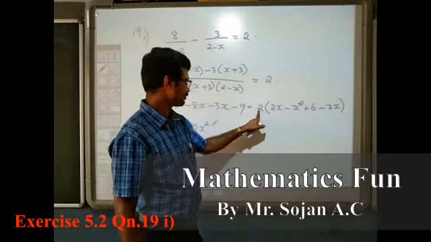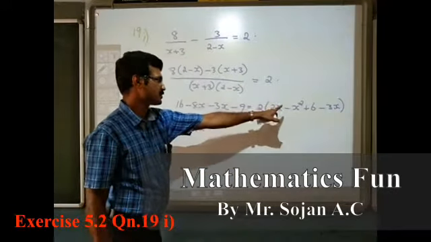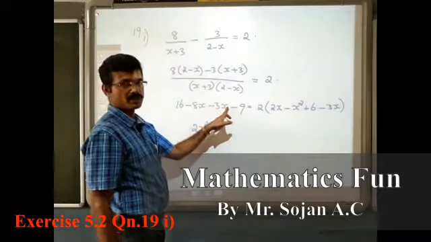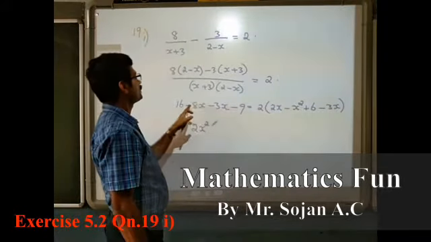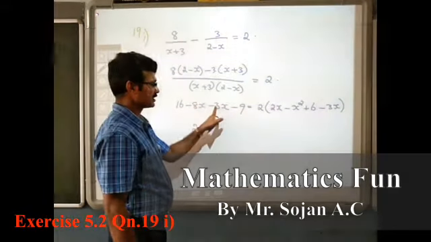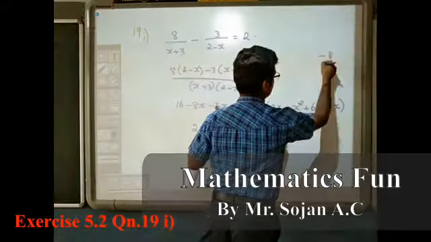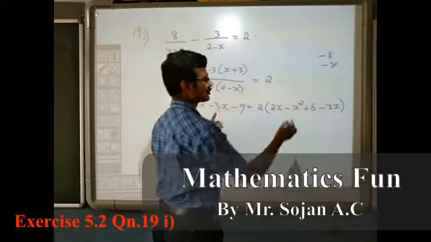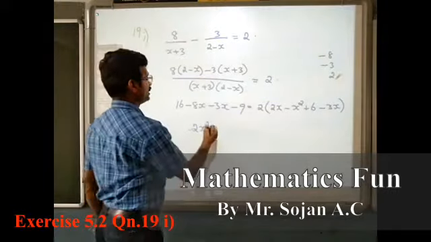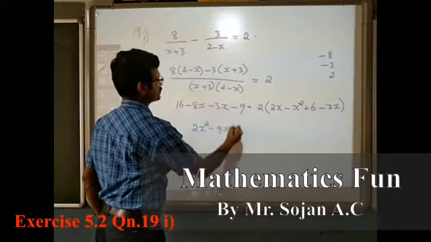Minus x into 2 is minus 2x. Bringing minus 2x to this side, it becomes plus 2x. Then for the constants, minus 8 minus 3 is there, and again plus 2 is coming to this side, so ultimately it comes to minus 9x.